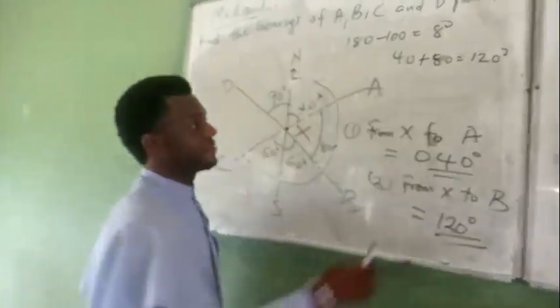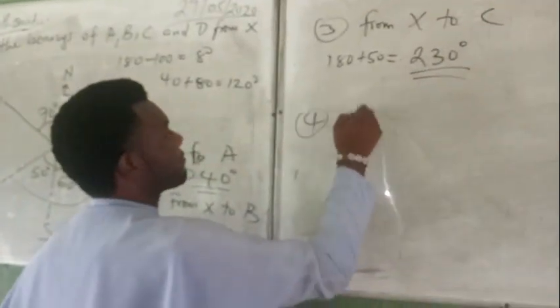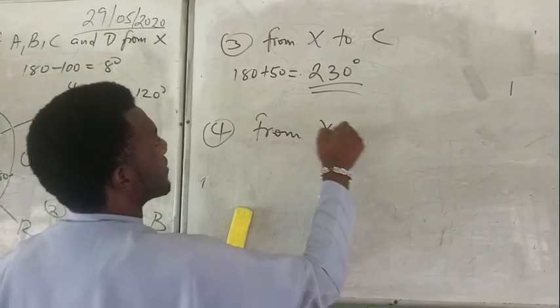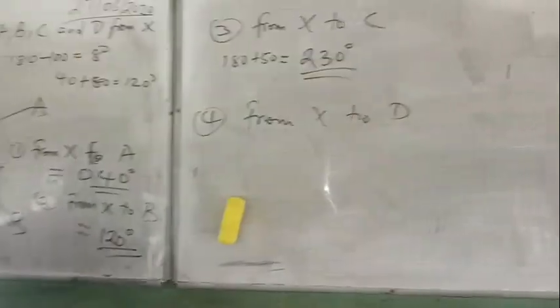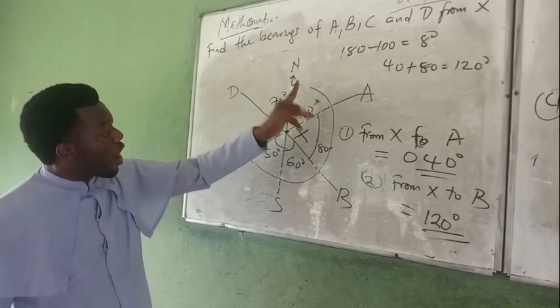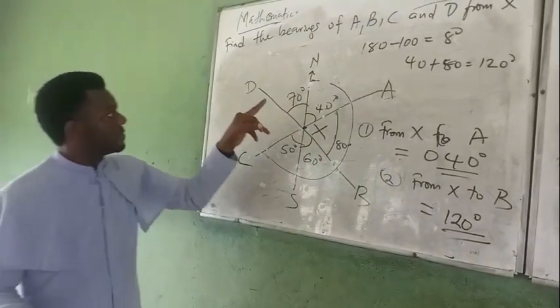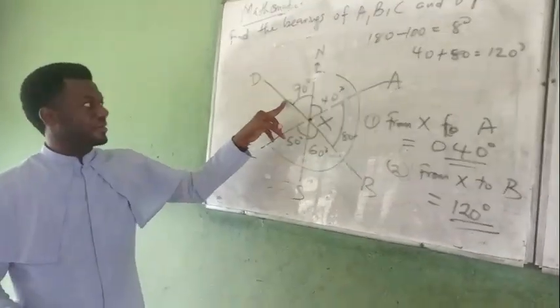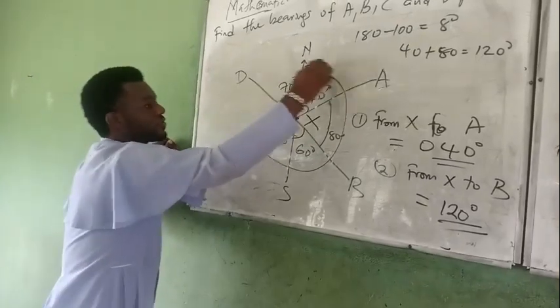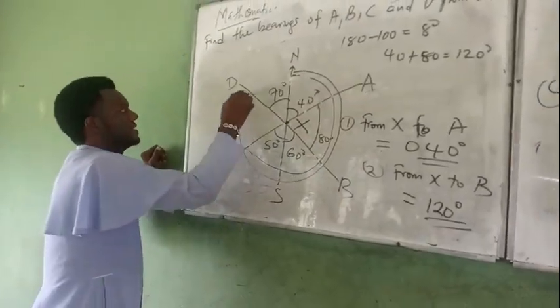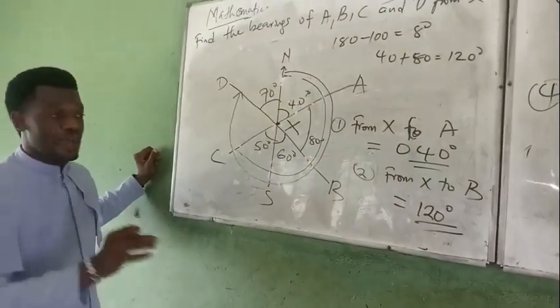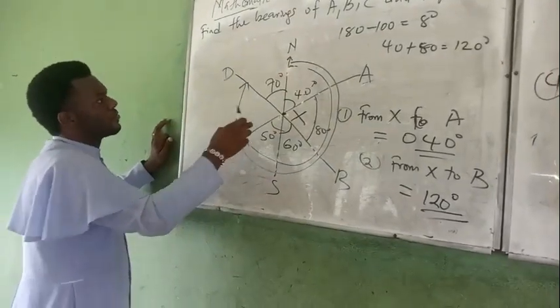Then finally, number 4, at D, from X to D. So we have to calculate from north till this D, the direction of D. So from north to this D, that's what we have to do. So what is the angle?